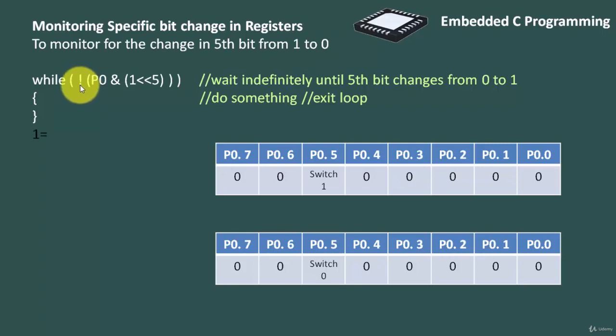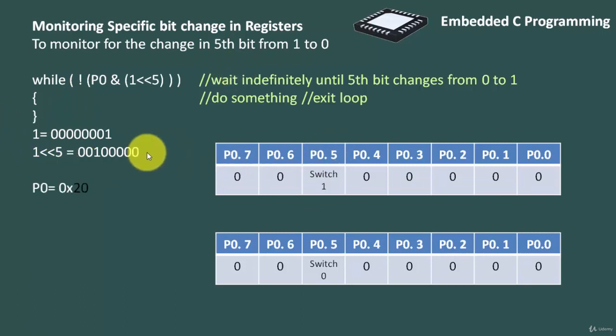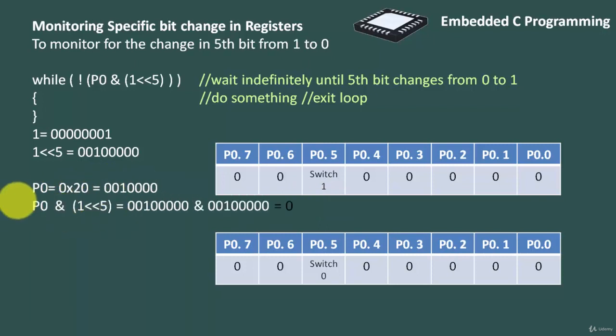Okay, let's see. 1 in binary we will write like this, then 1 left shifted by 5 will make this bit 1, others are 0. Then if the switch is pressed, that means we get P0 equal to 0x20 value, and when we perform the AND operation we get the resultant value as 0x20. Then we have to take the negation.